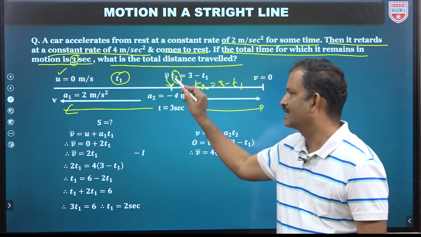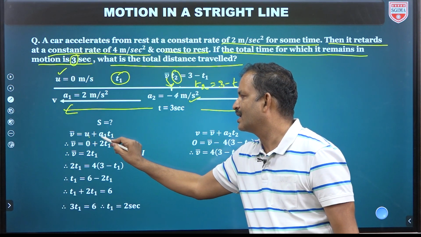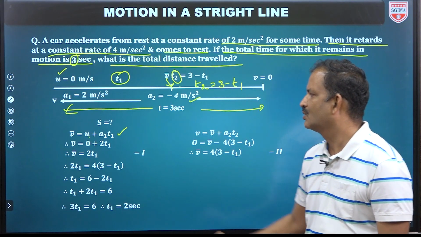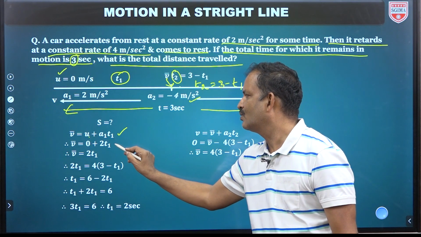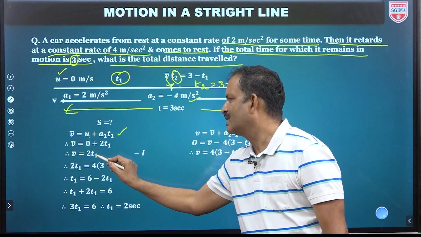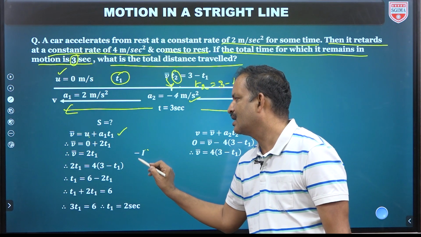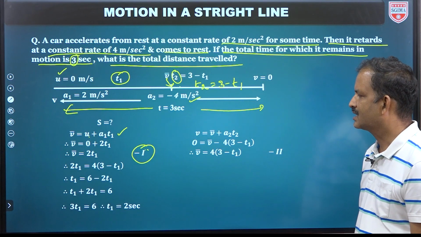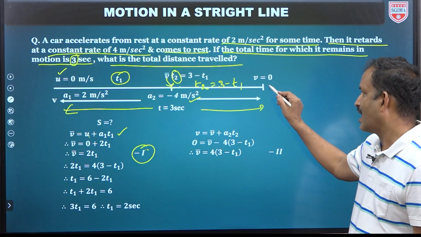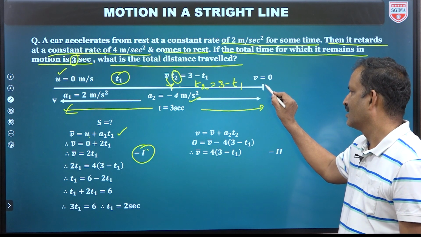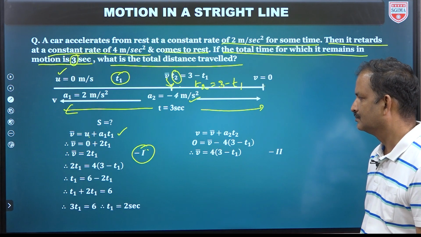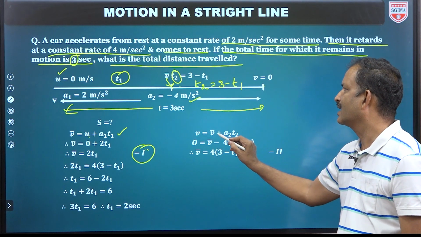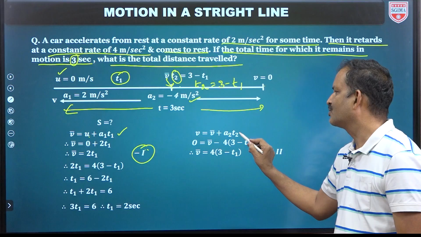So, here I am calculating v. v is equal to u plus a1 t1. So, u is 0, a1 is 2 t1. So, I got v is equal to 2 t1. This is the first equation. Next, I am writing v is equal to, again, u plus a2 t2.